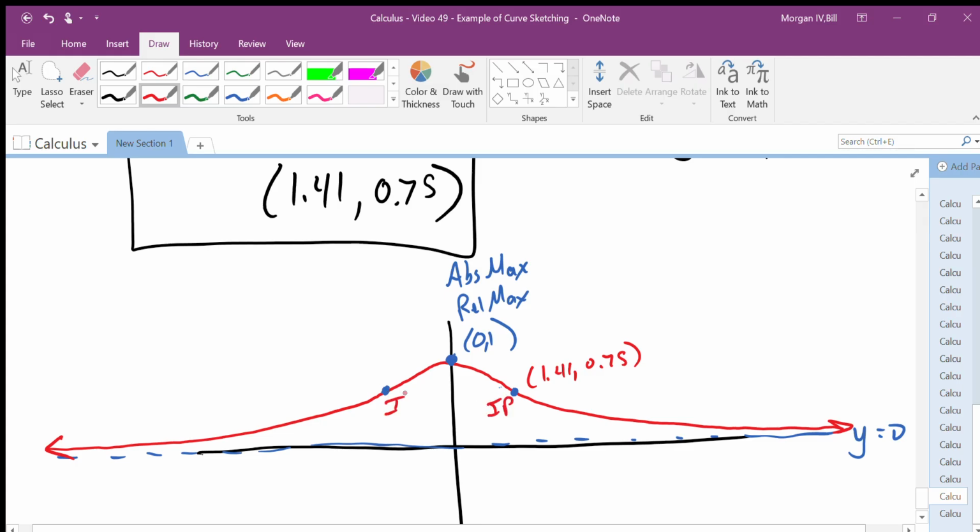Another inflection point over here at negative 1.41, 0.75. And we have concave up on the left, concave up on the right, and in the middle, we have concave down. And we have sketched our curve.